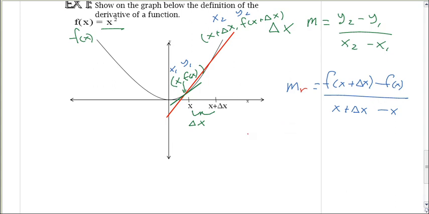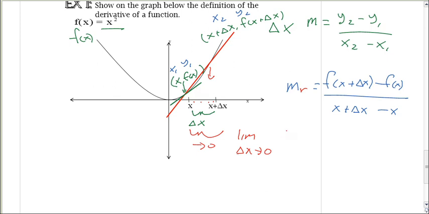If I write the limit as delta x approaches 0, that means this distance is going to approach 0. If that distance approaches 0, I get closer and closer to x, and this line goes down, down, down, and it forces the line to become the green tangent line. It's amazing. What the limit does is force delta x, that small change, to be 0. So then my secant line becomes my tangent line.